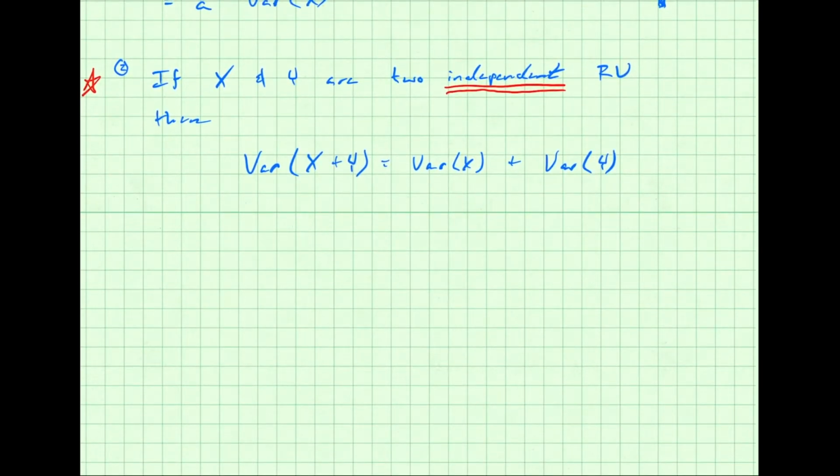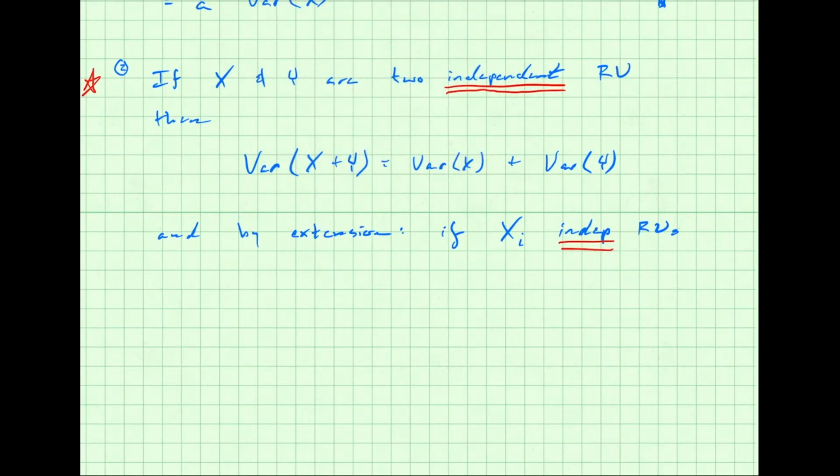Okay, and then by extension, let's say you have a whole bunch of random variables. You have all these random variables that I'll call x sub i, and they're all independent. Let's underline independent again to remind you that this is important.